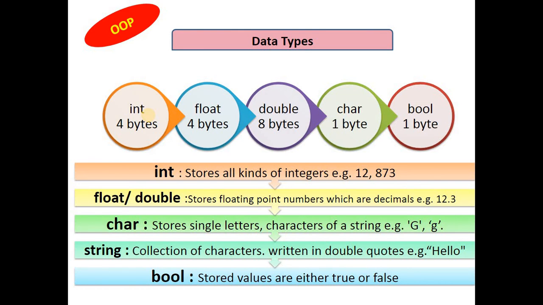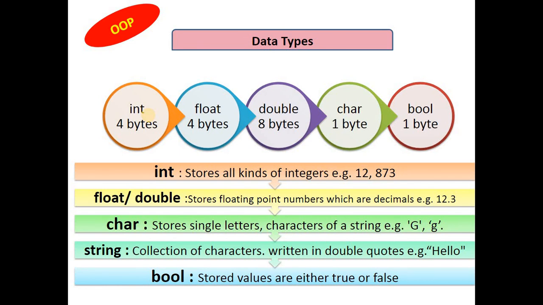Float and double are used for storing floating point numbers, that is our decimals, like 4.5, 12.3 and so on. Char is the one which shows single letters, written in single inverted commas, like G and small g. String is a collection of characters which are written in double quotes.